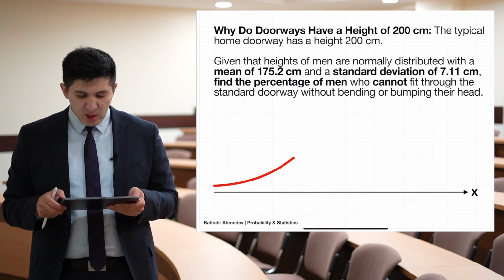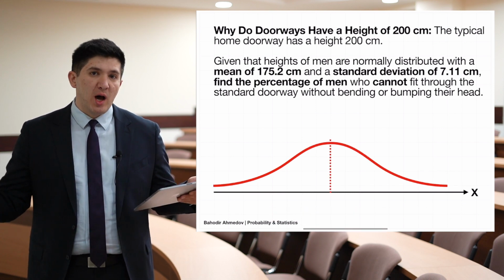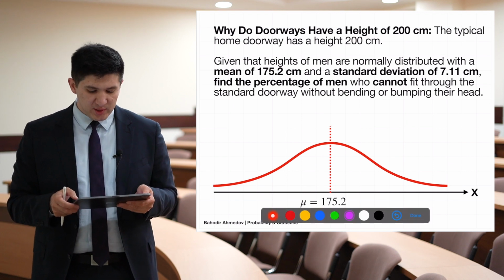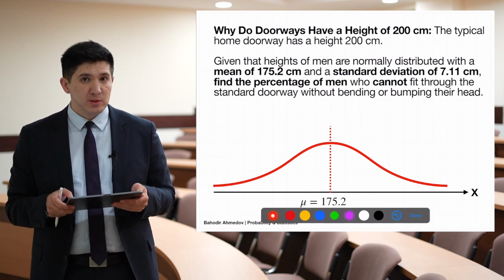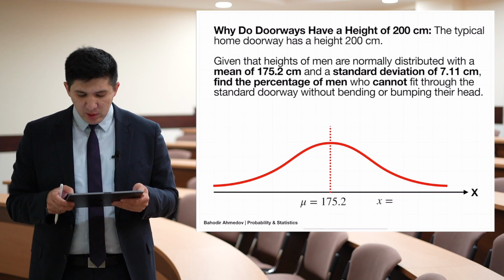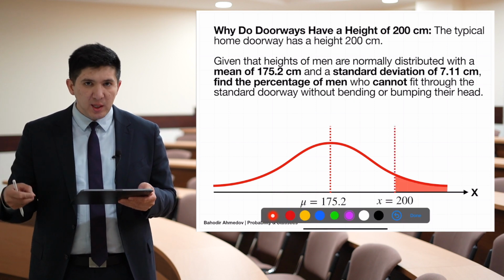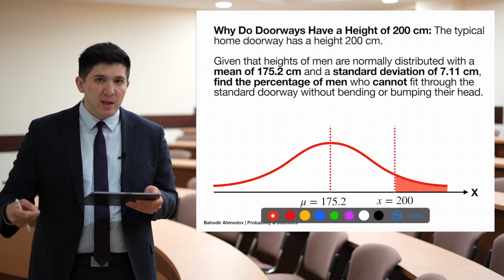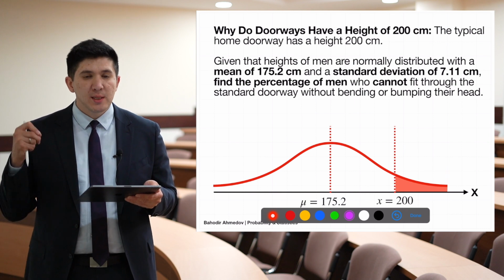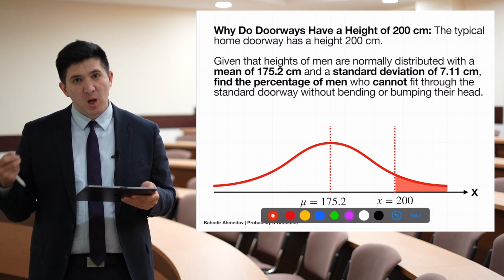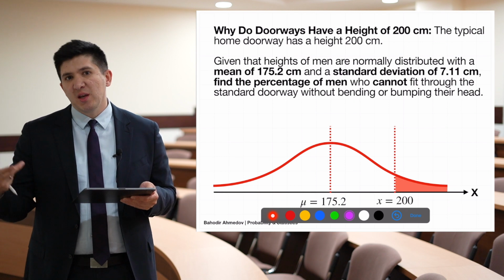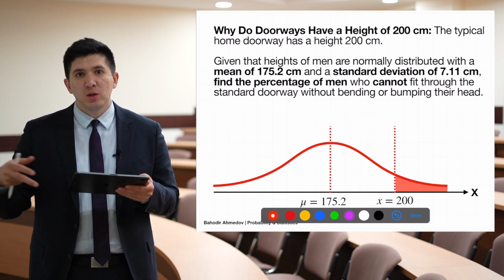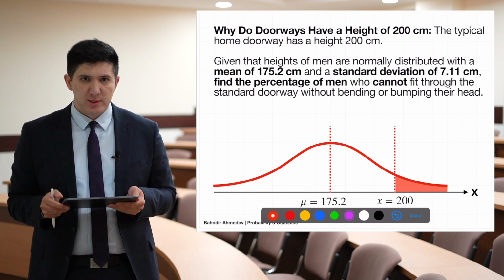So we assume that the distribution of the heights of men is normal with mean 1.752. What we need to do is find the probability that a randomly chosen man has a height of more than 200 centimeters. This is going to give you the percentage of the men who cannot pass through these doors.